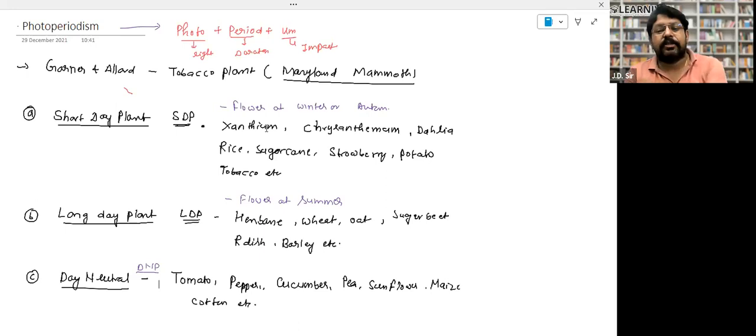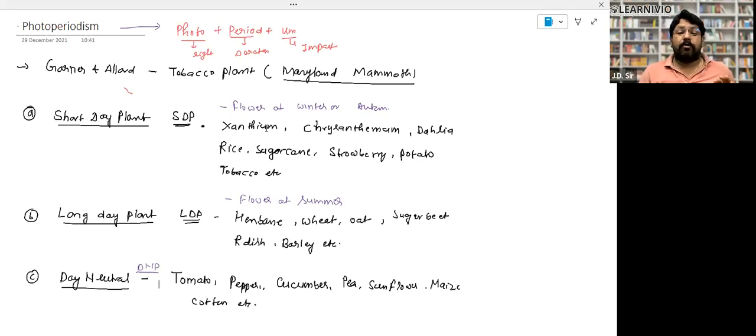We say that in winter the days are shorter, and those plants which flower in winter we call short day plants or SDP. There are certain plants which do not require this, we call them day neutral, right? So photoperiod: photo means light, period means duration, and ism means impact. So photoperiodism means the impact of the duration of light.